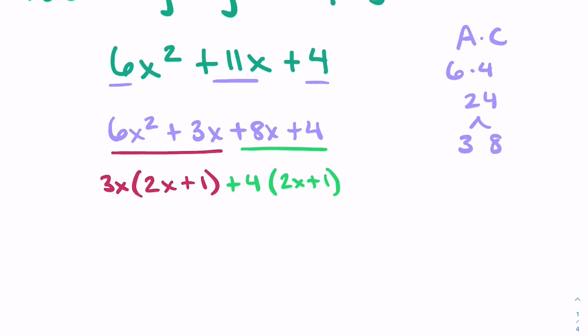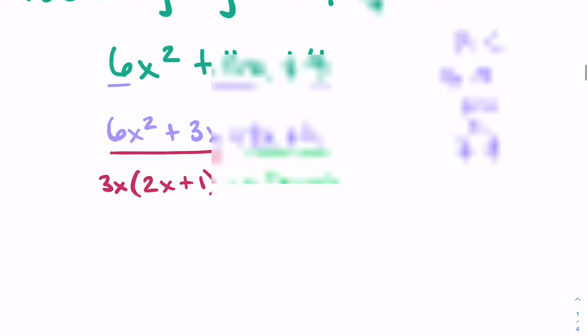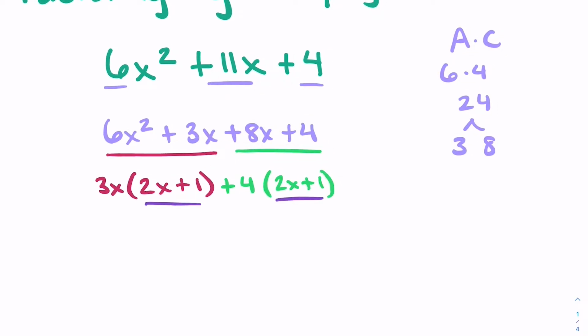And that's exactly what I wanted, because now that these two terms kind of look like one term and these two terms kind of look like one term, I can now factor what they both have in common, which is the 2x plus 1, out of it again. So I'm going to factor out the 2x plus 1, and that leaves me with what's left over.